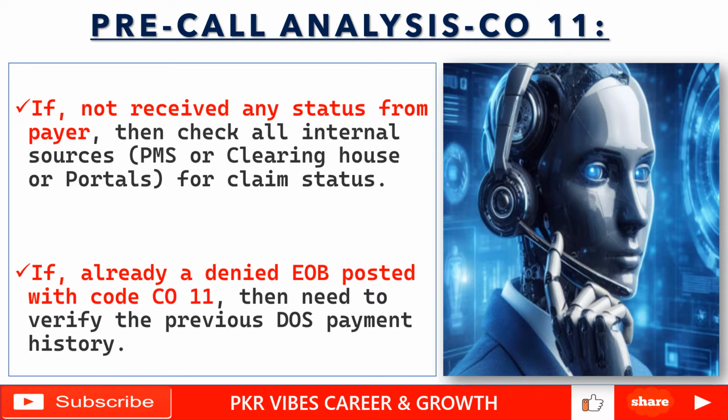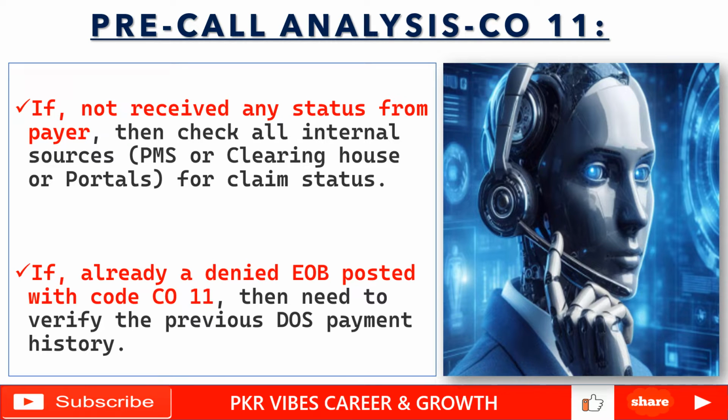For example, you submitted a claim to insurance, you verified the software and confirmed that there is no response or no EOB available for the claim. At that time you should check the clearing house, for example, if the claim was submitted electronically.